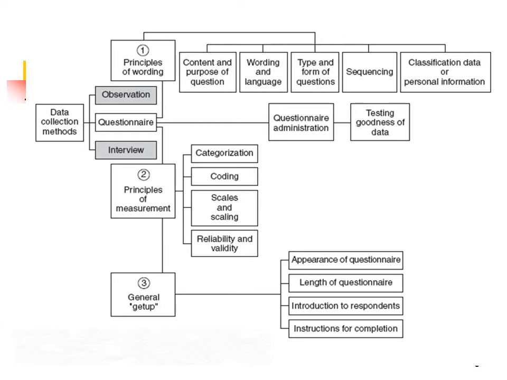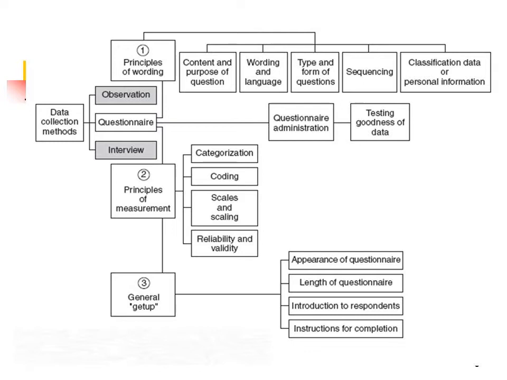When you adopt the questionnaire approach, there are three main principles: the principle of wording, the principle of measurement, and the general getup, questionnaire administration and testing of the goodness of data. And for observations and interviews, there are many types of interview: structured interview, unstructured interview, observations, physical observations, and third-party observations. All types contribute to the collection of data.